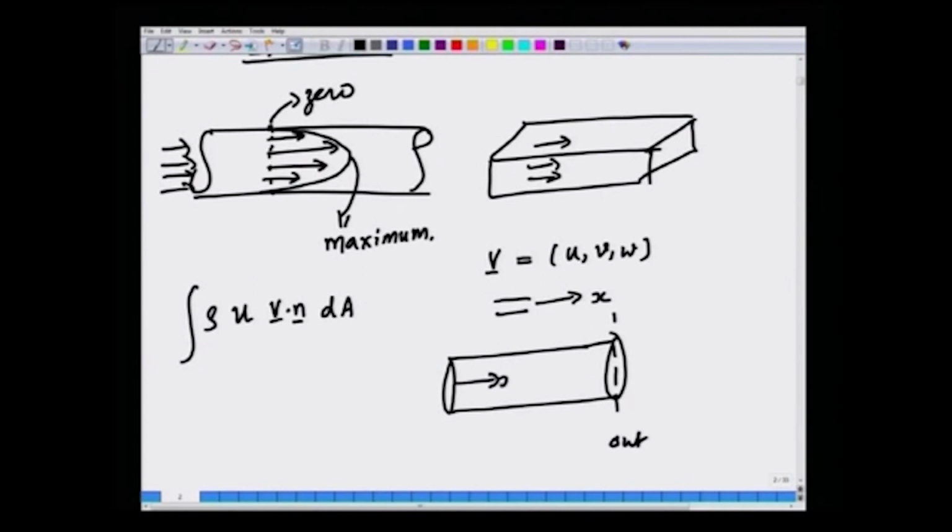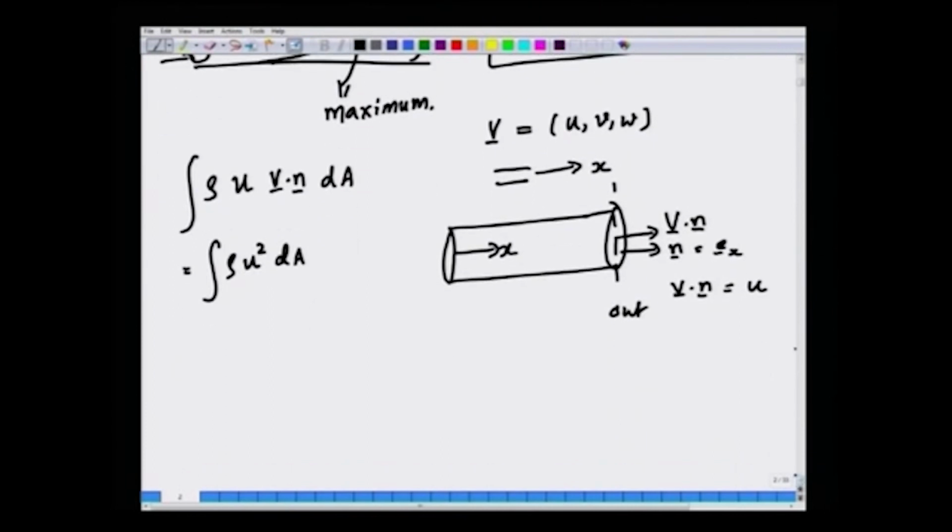Fluid is flowing in the plus x direction, n is E x, so v dot n is simply equal to plus u. So, we have to evaluate terms like this in the flux term, where u is not a constant, u is actually a function of the cross sectional area.